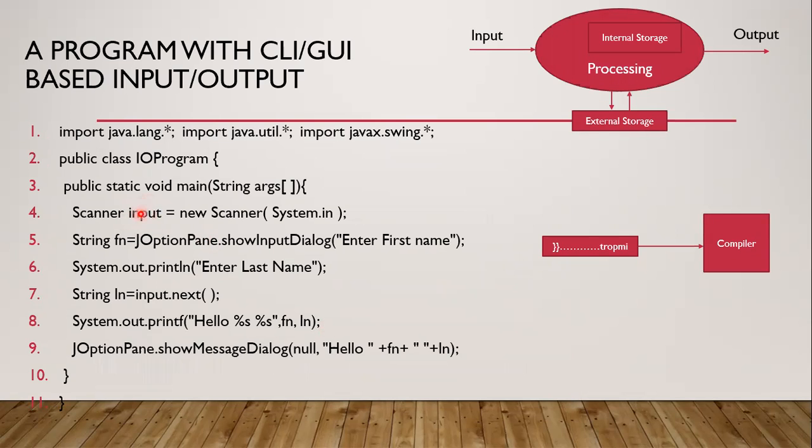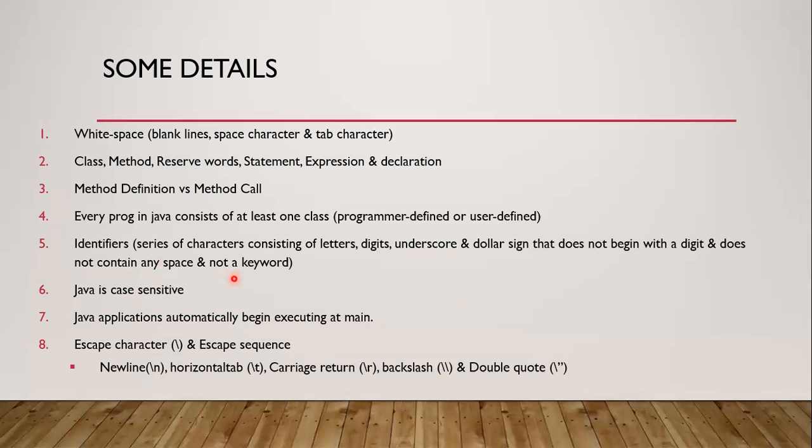The identifier should not be a keyword, should not be public, static, class, or import, because these are keywords. The name should not have spaces in between, and the name should not start with a numeric digit. These are the three rules to follow for an identifier. Java is case sensitive. We have talked about this in the previous lecture as well. A Java application automatically starts at the main.